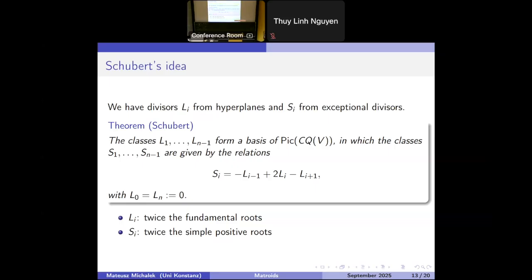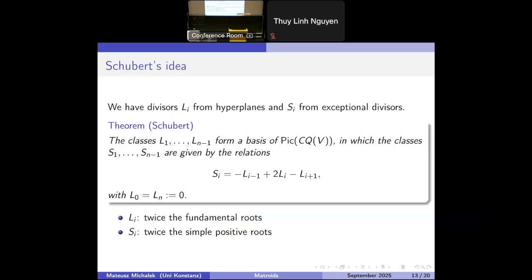Now, I don't know if anyone recognizes such a relation. This is a relation between fundamental weights and simple positive roots in a type A root system. Why does a type A root system suddenly jump in? So there is a full flag sitting inside this variety, namely these are zigzags that break at every place.